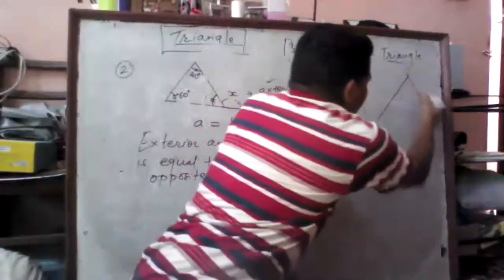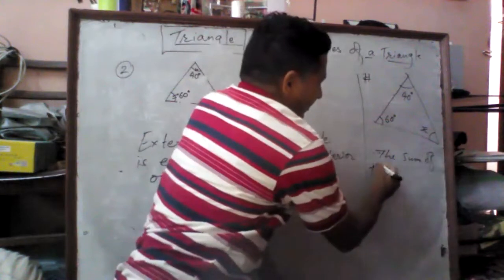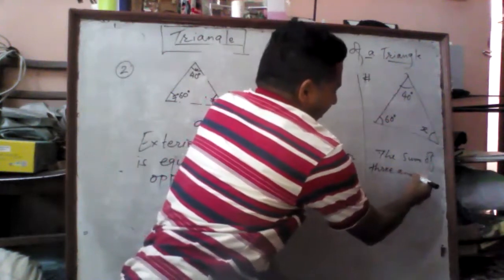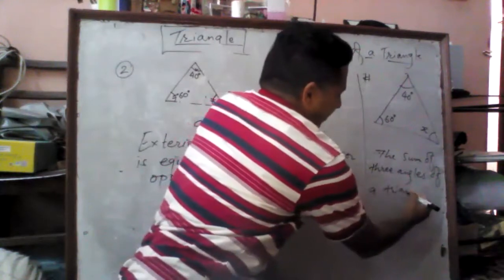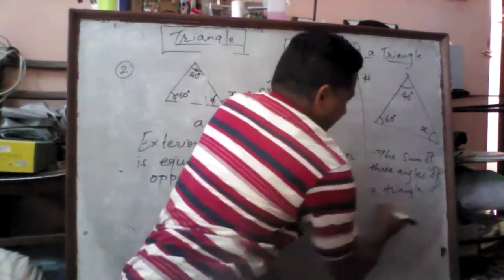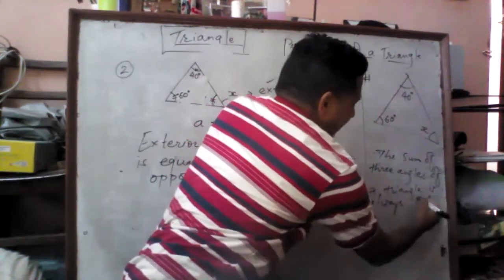In a triangle, if one angle is 60 degrees, another is 40 degrees, and we have to find the third angle, then we can write the reason: the sum of three angles of a triangle is always 180 degrees.